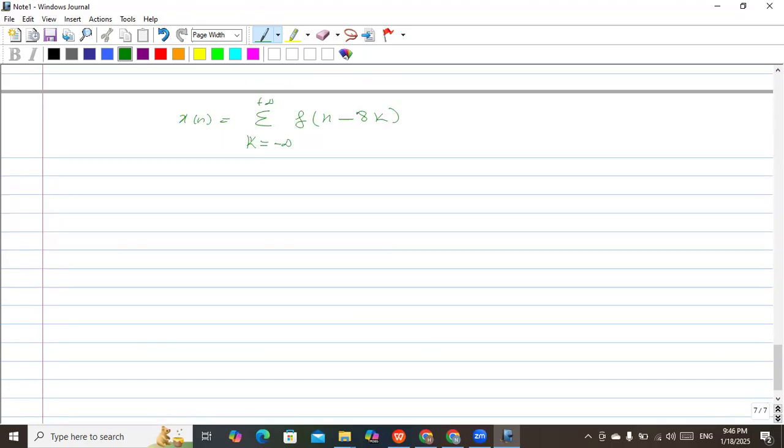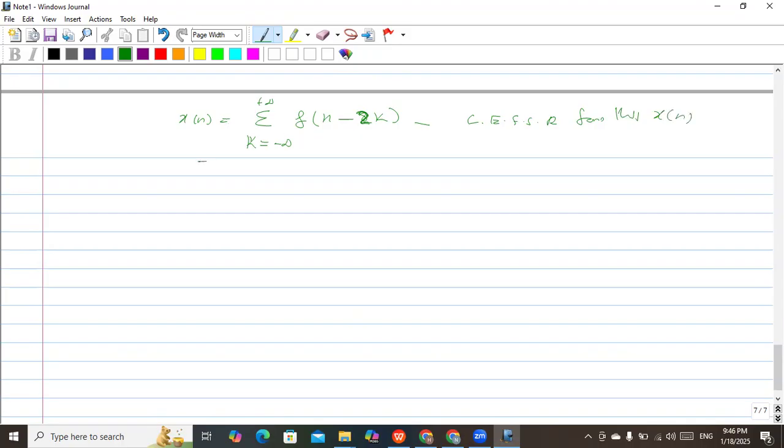Okay, not 8k, we will take 2k. Try to evaluate the complex exponential Fourier series representation for this signal, this x[n].